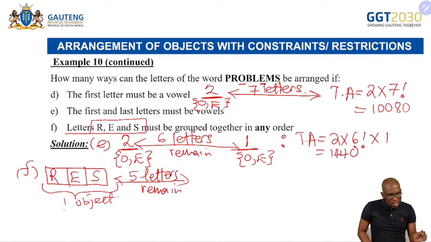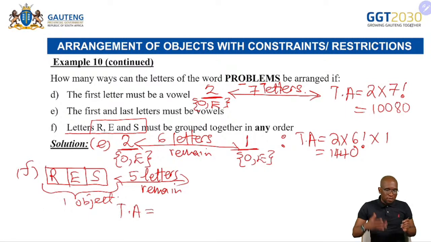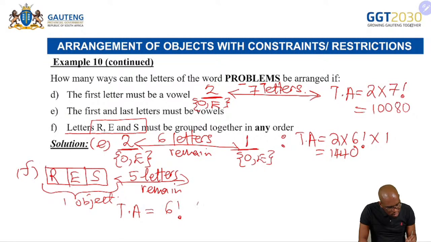They just said they must be grouped together in any order, which means they can move within an arrangement. So you have the 5 remaining letters plus that group, so it's 6 items to arrange. We can arrange them in 6 factorial ways.